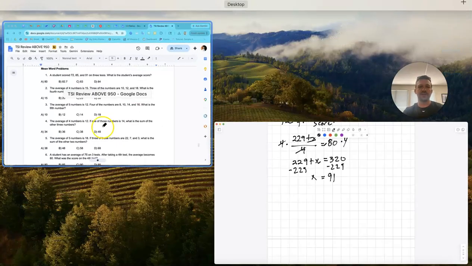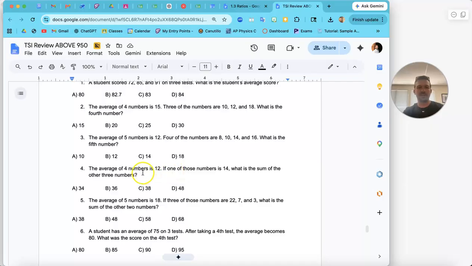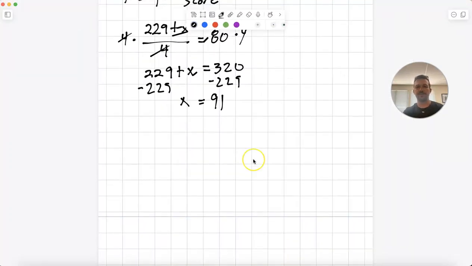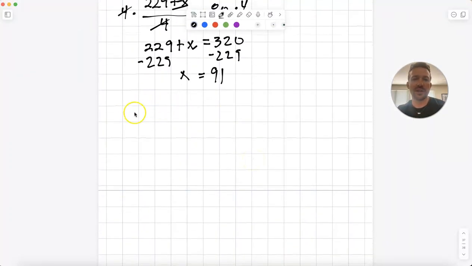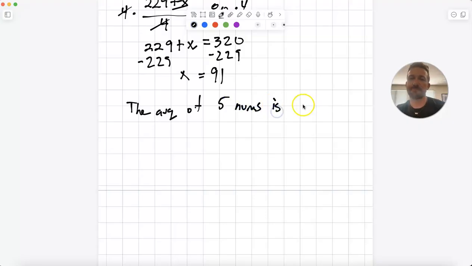So let's look at one of these again real quick. Let's say the average of 4 numbers is 12. One of those numbers is 14. What is the sum of the other 3? Okay, so let's do something like that. The average of, let's say, 5 numbers is 11.